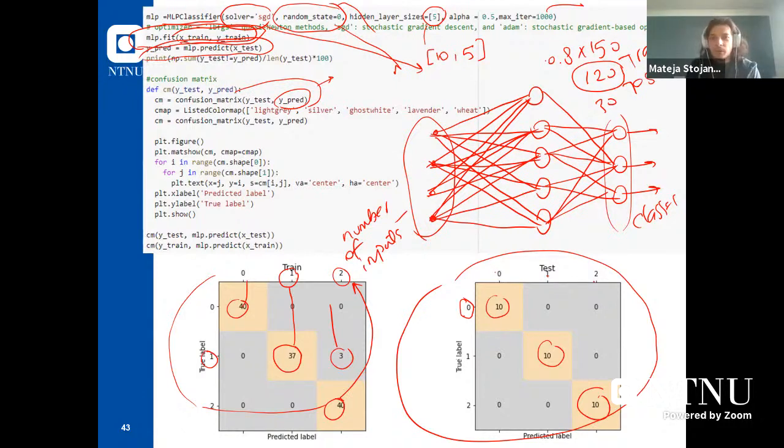Sorry, while you're looking, this is the second example where the test accuracy is higher than the training accuracy. Is this common, or is it just in the test set? Yeah, no, it's not common. In fact, logically, it should be less, right? Maybe it's because Iris is a very simple data set.